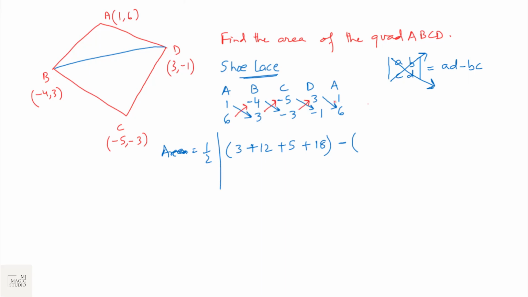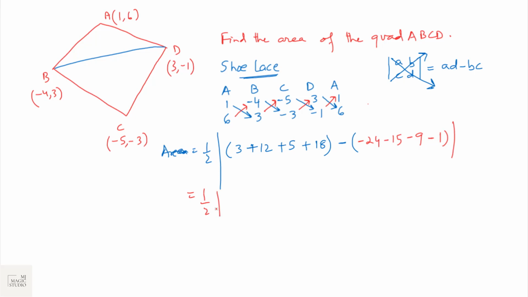It looks like a shoelace going up and down, up and down. That's why they call it the shoelace formula. 6 into minus 4 is minus 24. 3 into minus 5 is minus 15. Minus 3 into 3 is minus 9. Minus 1 into 1 is minus 1, mod.